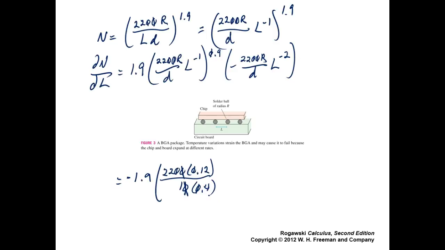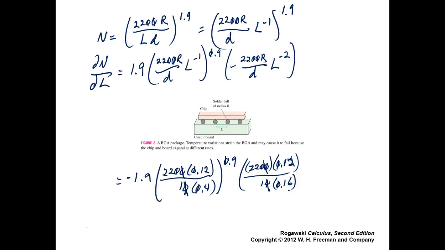Okay? And that's raised to the 0.9 power times, I already pulled the minus out, the 2200, and your R was 0.12. Over D was 10 again, which again is going to wipe out that one. But this time you have 0.16 because you're squaring that.